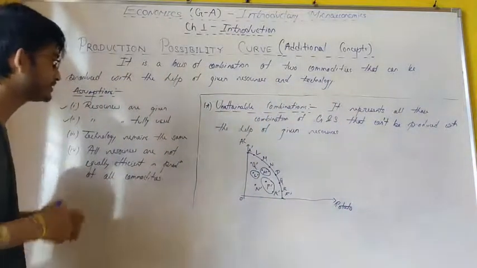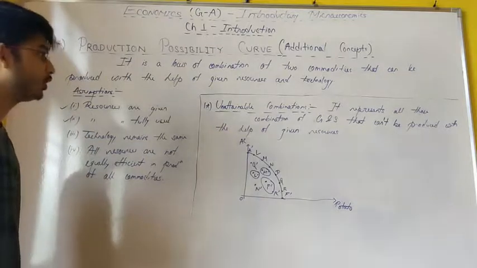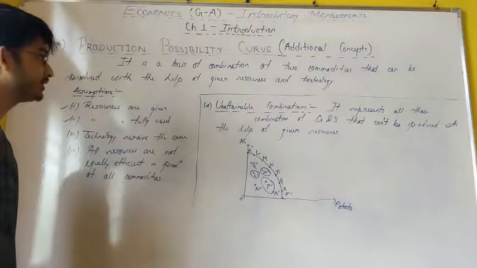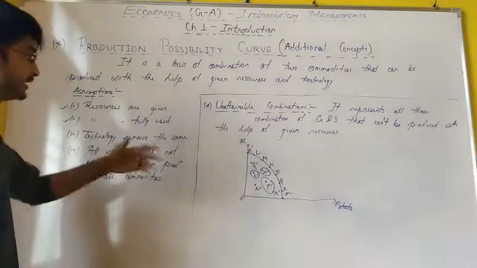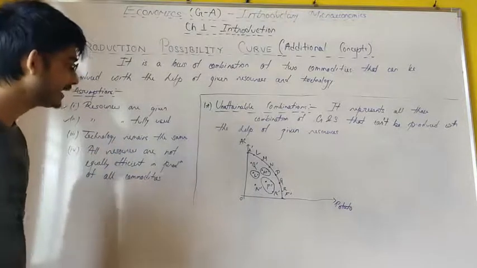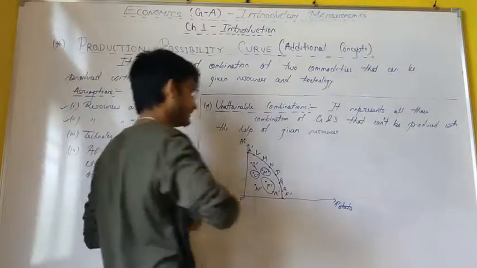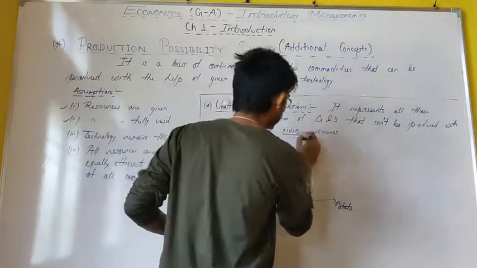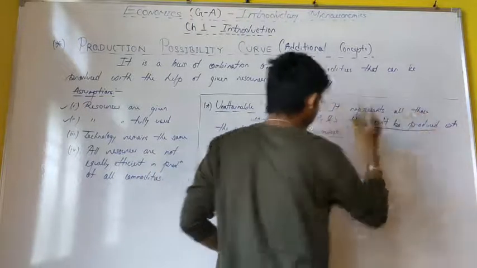The exact opposite of our attainable combination. Attainable combination represents all those combinations of goods and services that can be produced with the help of given resources. Here, they cannot be produced with the help of given resources, because of the given resource, I need to highlight this one, the given resource, and cannot be produced.